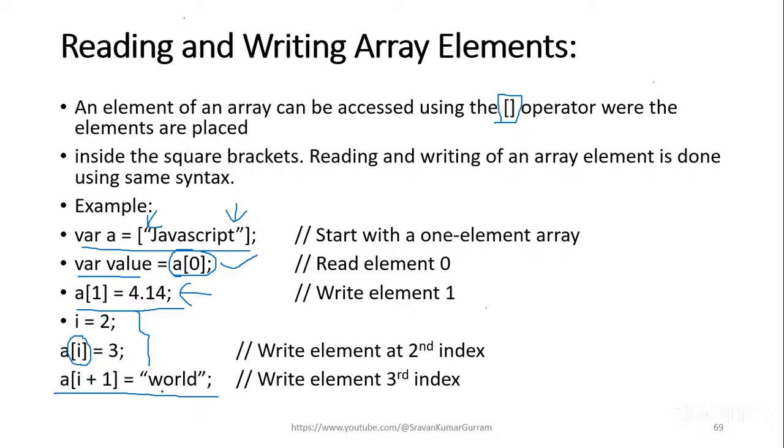A of 3 equals world. So what will happen if you write the code like this? The string world is going to be stored at the third index of the array A. So these are the different cases: how to access, how to update, how to store the values into the variable, how to use a variable in place of the index, and how to write an expression in place of the index. All these we covered here.